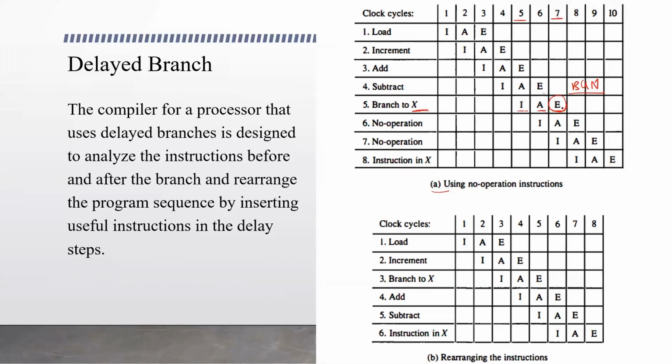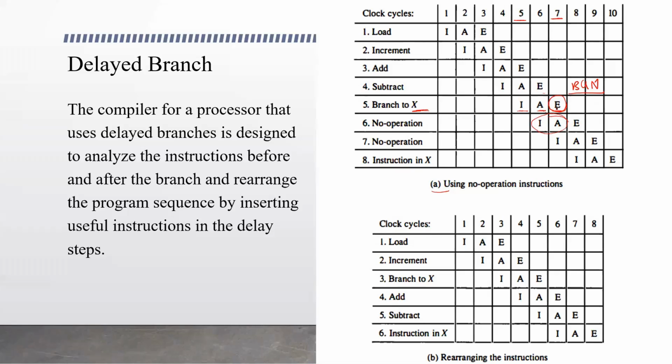During clock cycle 8, the branch instruction can be executed. So what will be done in this time? There will be a delay. To avoid that, the compiler inserts some useful instruction. In the first diagram, no operation instructions are inserted, so the compiler inserts a no operation instruction that is executed.